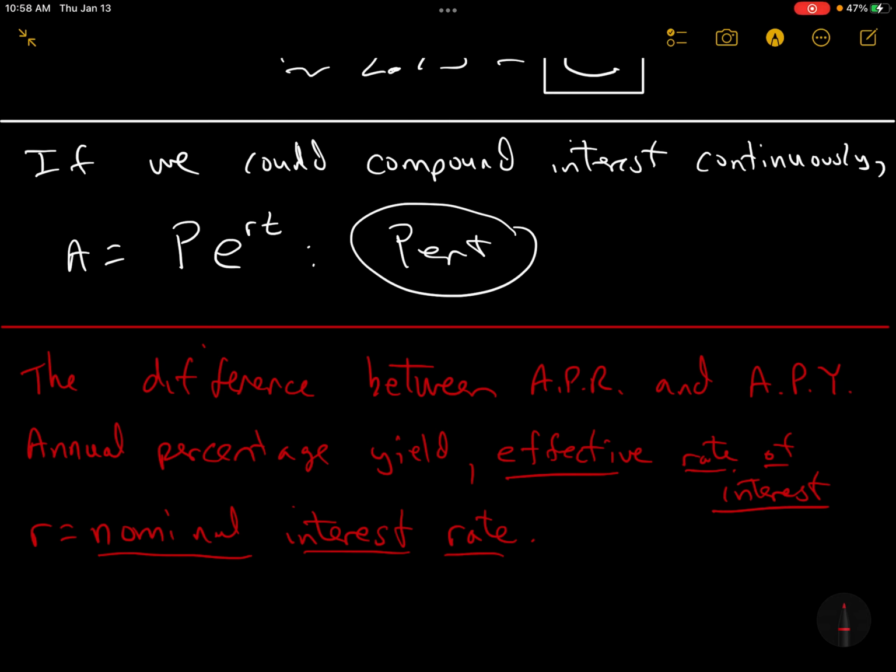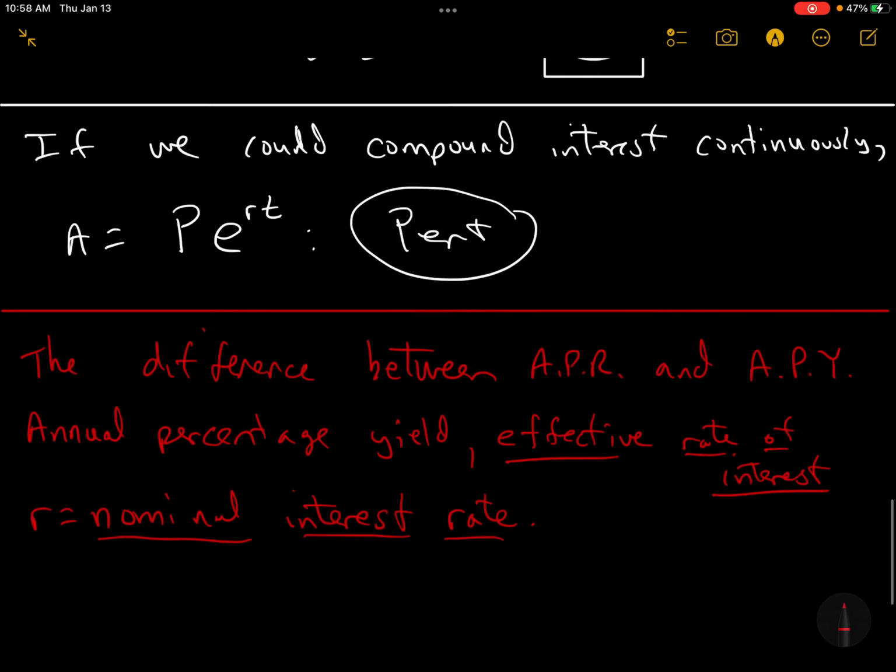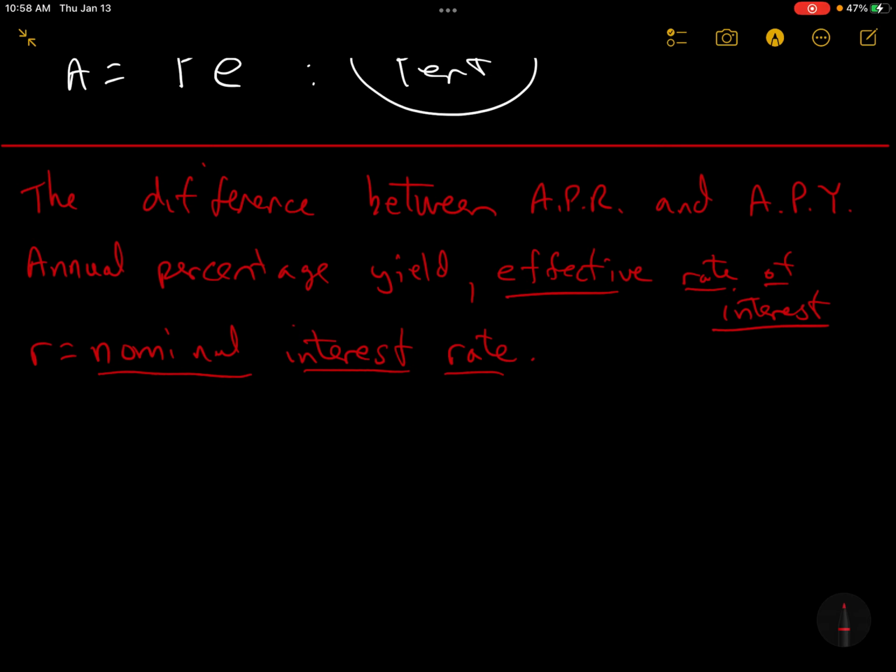And APY is the actual percentage you get at the end of the year, and that changes with the number of compounding periods. Okay, so the idea is this. We're gonna let capital R be this APY, this effective rate of interest or annual percentage yield, and we're gonna let T be 1, just what happens in 1 year, because that's what APY means.